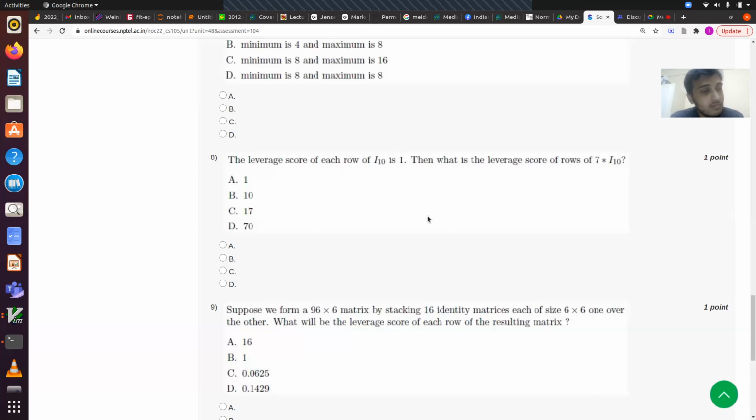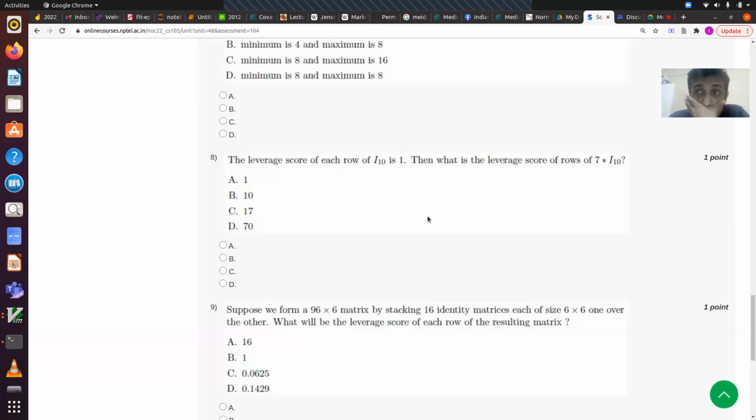How many rows are there? 3 rows, sir. For each of these rows, you can calculate the norm. Now you have to sample proportionately to the 2 norm. So how will you sample?